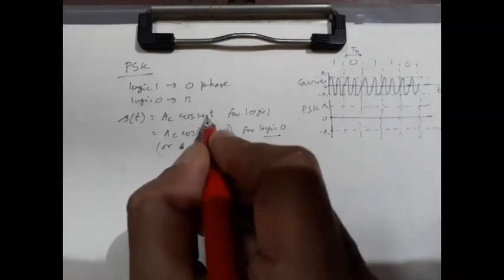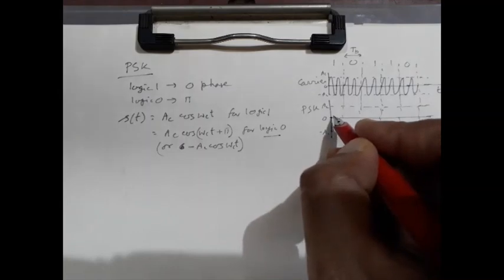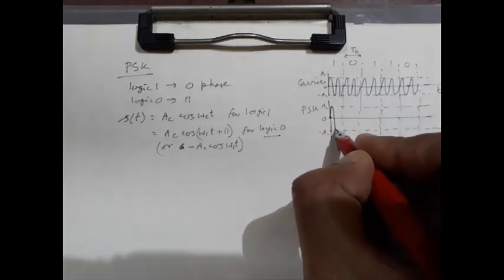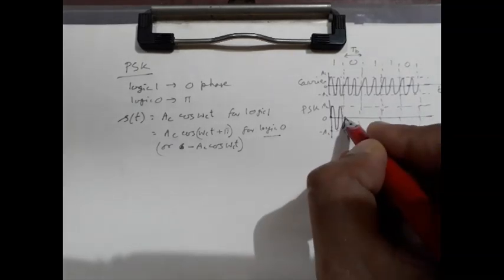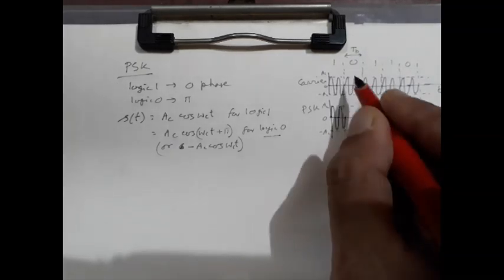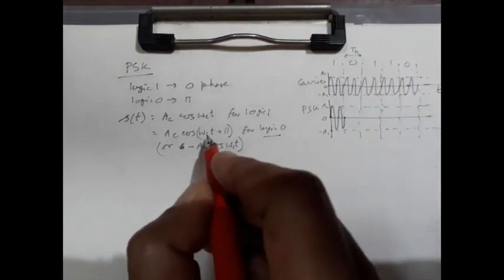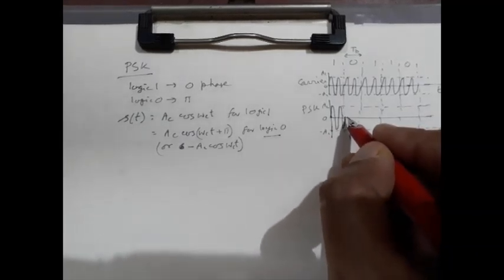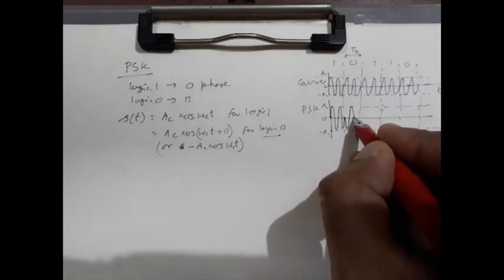So there will be no change in this carrier. Amplitude remains the same. The next bit is 0. 0 will be represented by the phase of pi, that means minus AC cos omega ct. So instead of starting from the positive polarity, it will start from the negative polarity, like this.